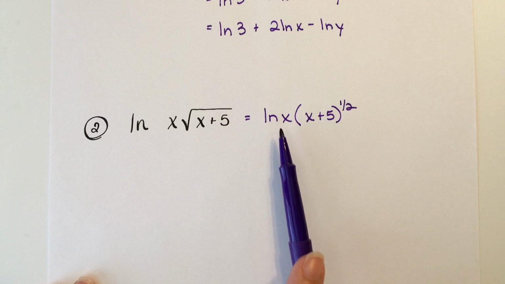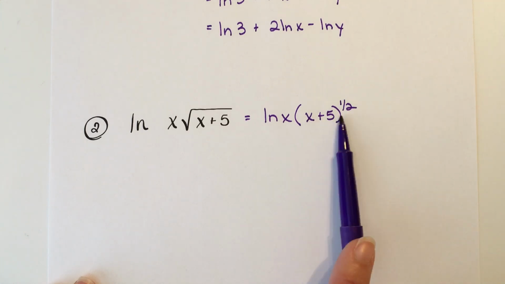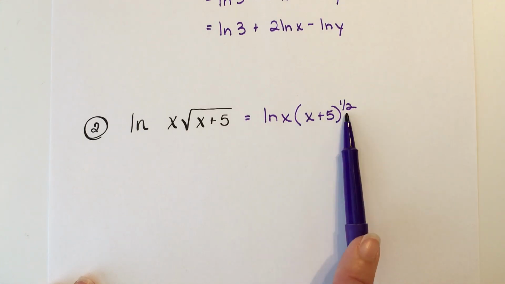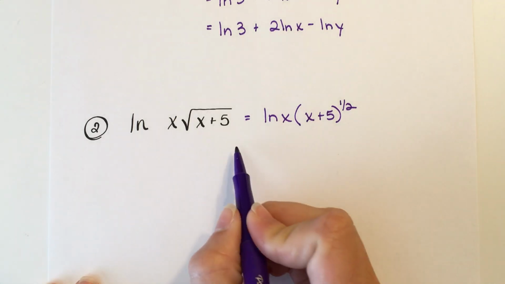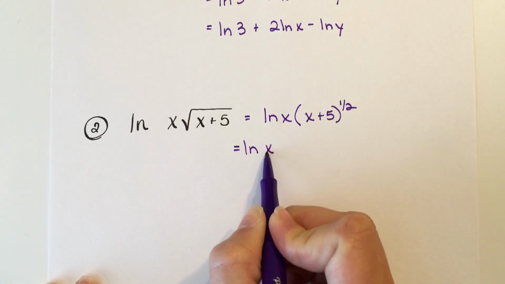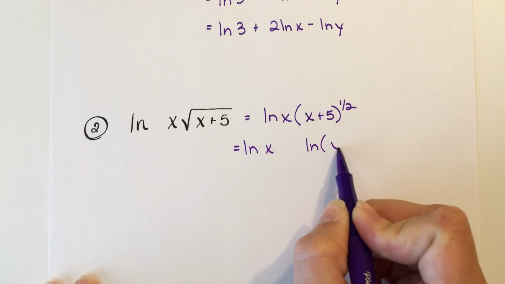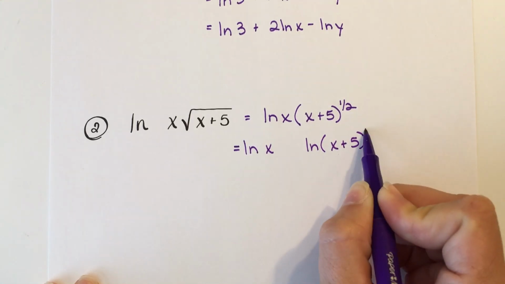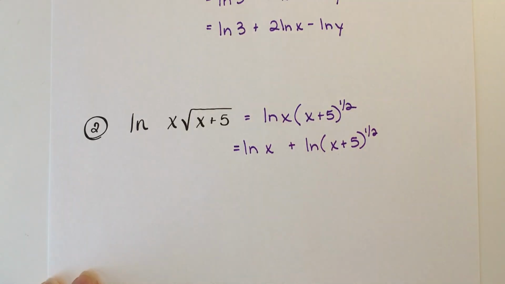Okay, so I've got multiplication because I have the x times the x plus 5 here. So I'm going to separate those factors, but you would need to add those two terms together. So you're separating multiplication, you have to combine the two terms with addition.